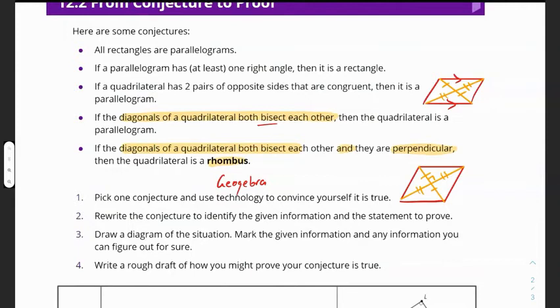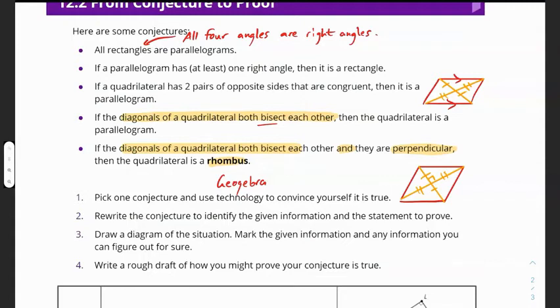Like all rectangles are parallelograms, right? The given information for that situation is that maybe all four angles are right angles, right? That's information that needs to be given in order to prove that. Okay, so that's what they're talking about with number two.